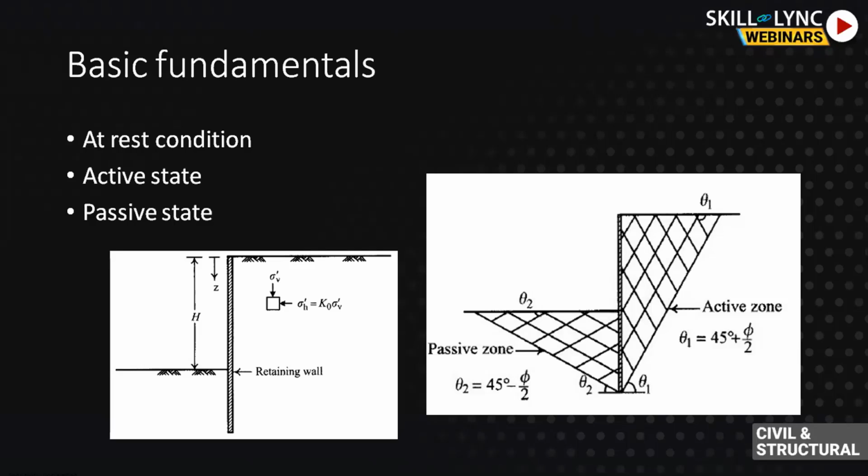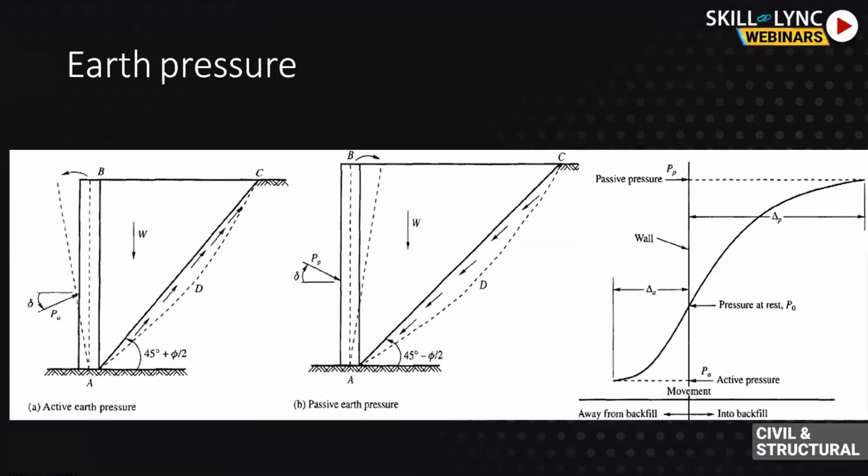Generally, when there is a wall present, the zone of retained soil is called the active zone, and the soil in front of the embedded wall is the passive zone. These are the basic things, where the active state and passive state conditions are defined.